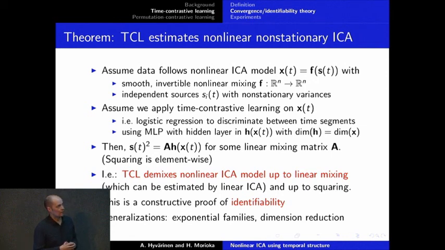I don't really have any clear idea on how to analyze the case where we don't have the universal approximation capability. Of course, not having an infinite number of data points is classical. You calculate the asymptotic variance or something like that, widely done in linear ICA.